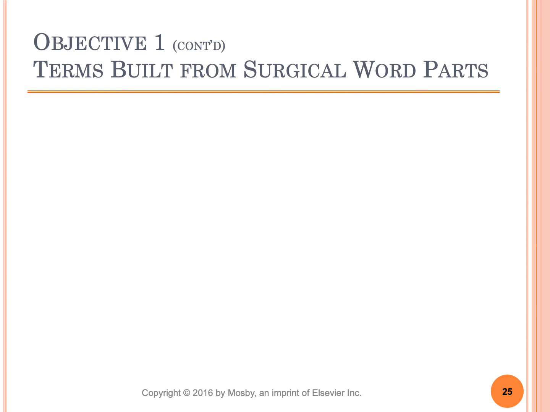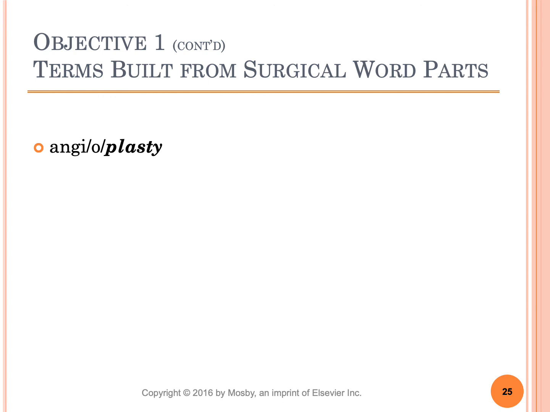All right, so let's look at a few terms built from surgical word parts. The first one is angioplasty. Remember, plasty is the surgical repair of something. So here we're surgically repairing a blood vessel. If we have to make an incision into a vessel, we call that an angiotomy.